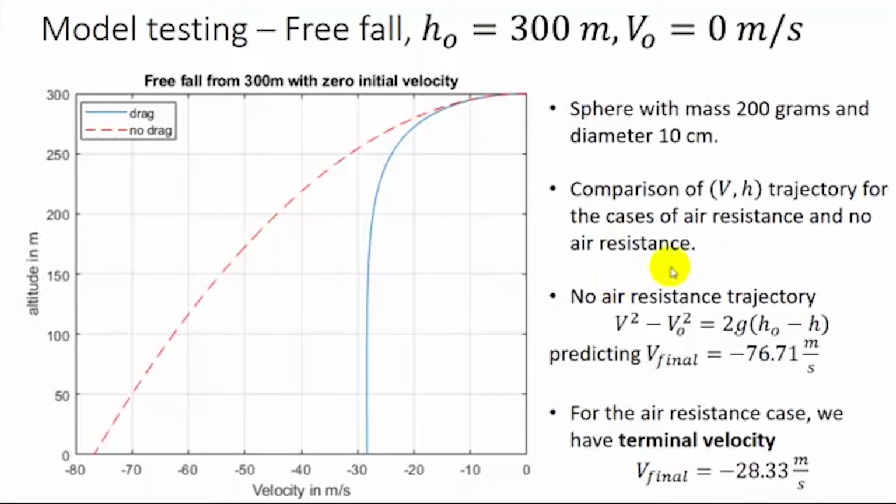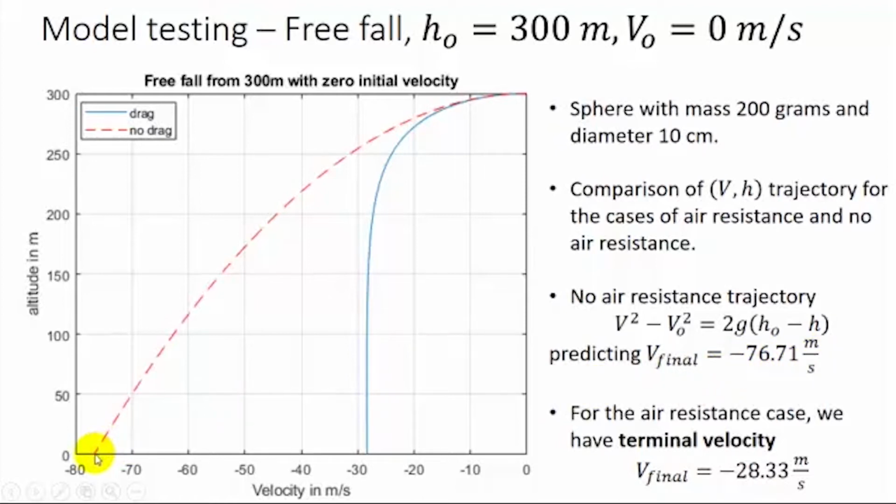It's interesting to know that the case without aerodynamic resistance corresponds to an analytical solution for the relationship between the speed and the altitude of the ball, which predicts that the final speed of the ball will be 76.71 meters per second.